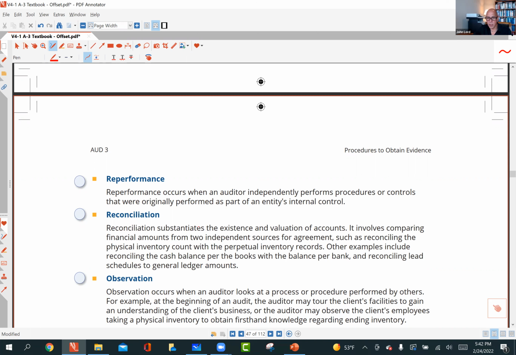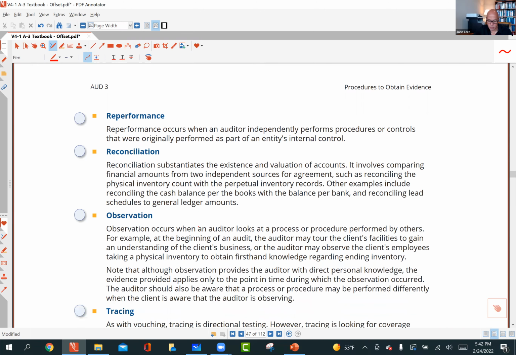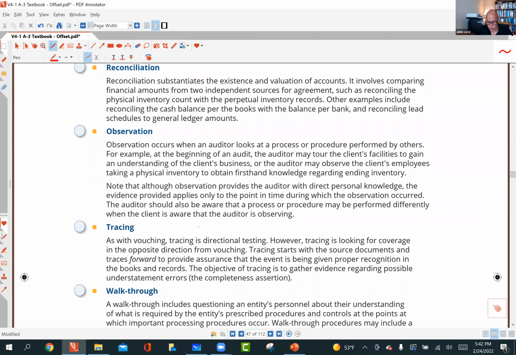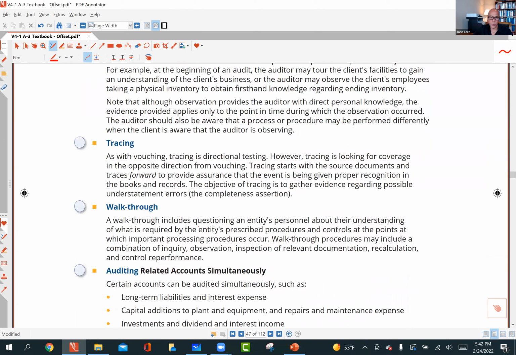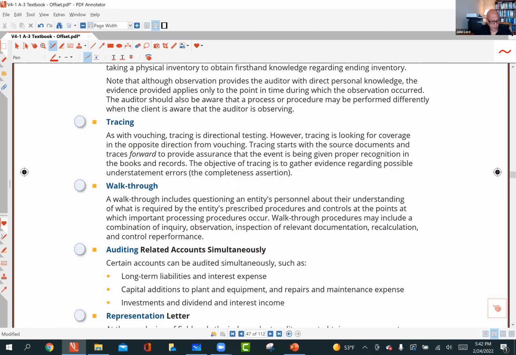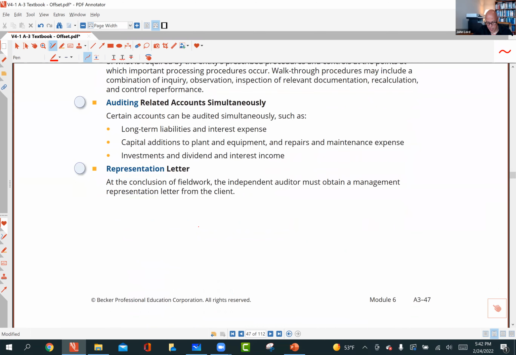Reperformance is an internal control type of evidence gathering process. So at some point, this thing starts to collapse under its own weight. A walkthrough is an internal control procedure. So they really start to mix things up here, which gets very irritating to me. So I'm going to just go past that.